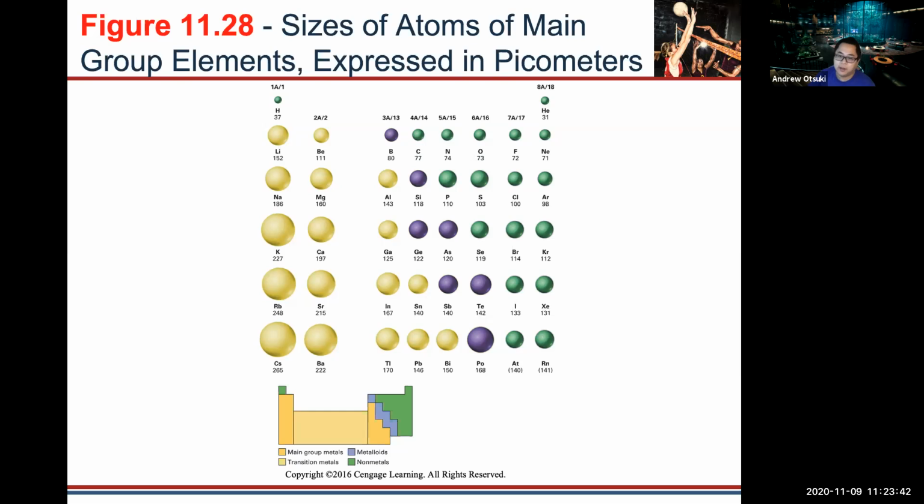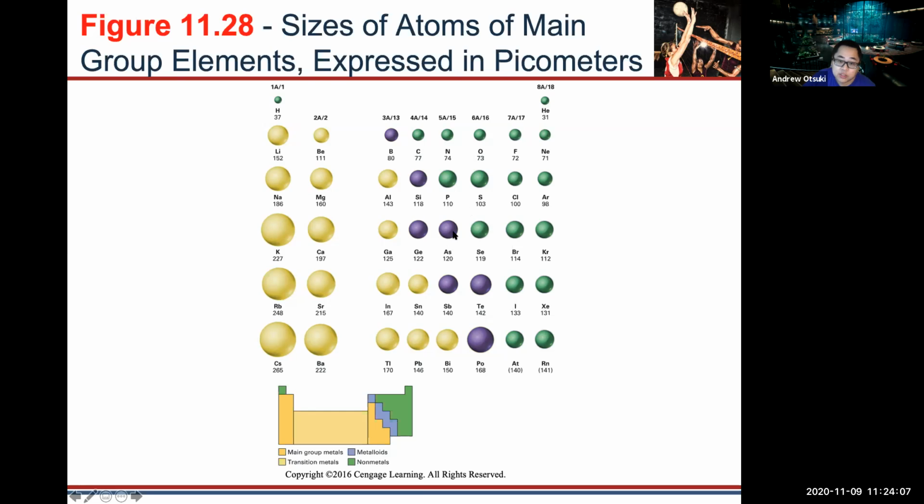So if we look at our table here, we see that phosphorus is to the left in the third row. Sulfur is right next to it, so sulfur is going to be smaller than phosphorus. We can see that based on our trend here, 110 and 103. These are picometers, very small lengths or distances.